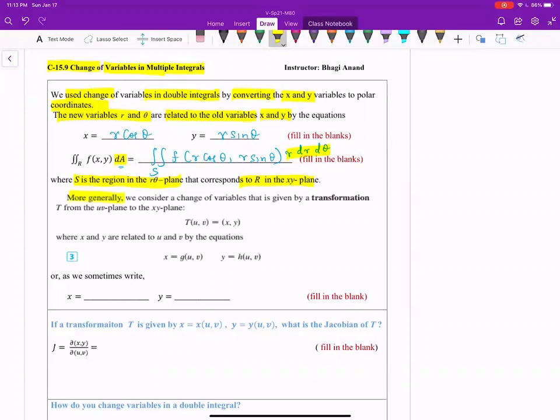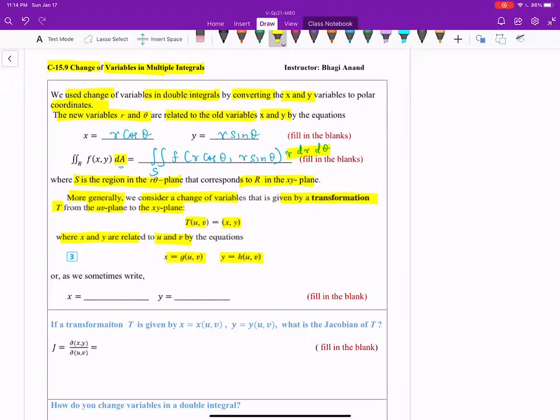More generally, if we consider a change of variables that is given by a transformation T from the uv plane to the xy plane, uv is a new variable, xy is the original variable. By the transformation T of (u, v) equal to (x, y), what we mean is x is a function of u and v, and y is also a function of u and v, where x and y are related to u and v by the equations x equal to g of u, v, y equal to h of u, v.